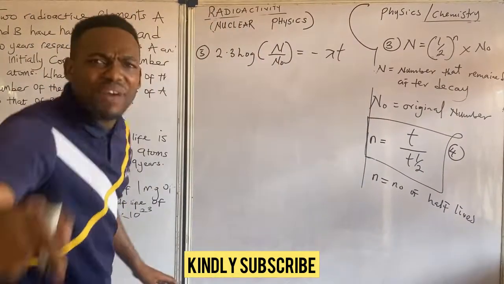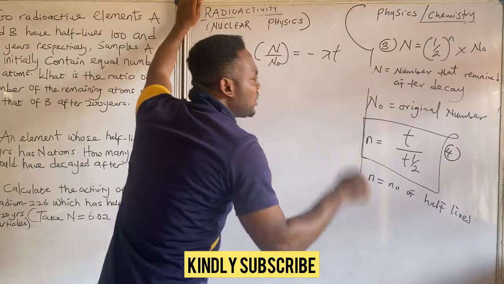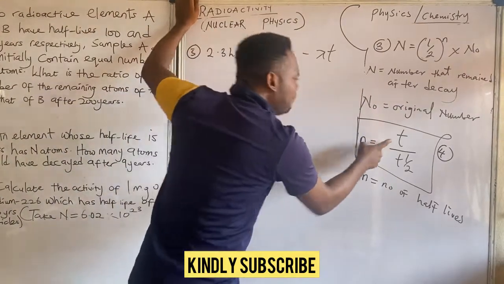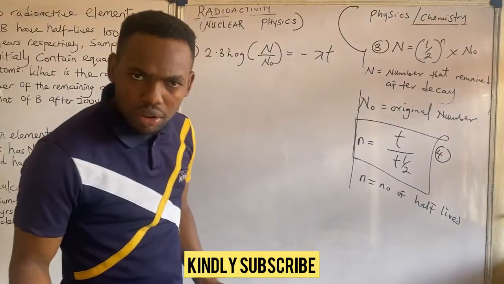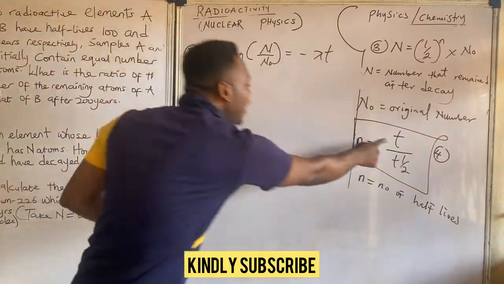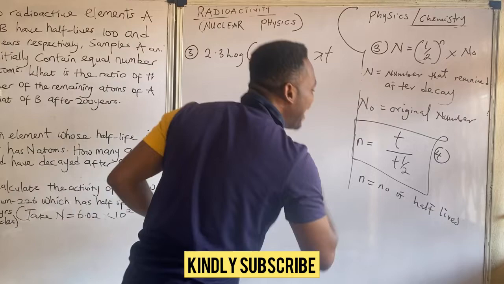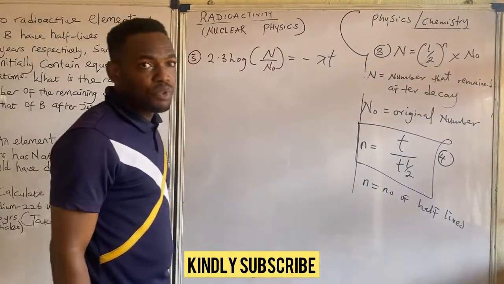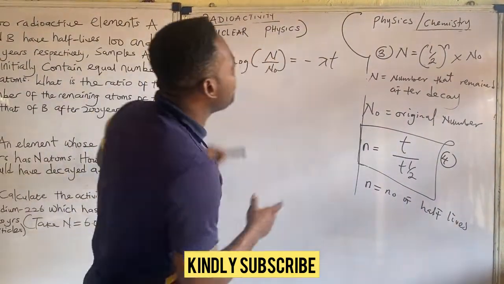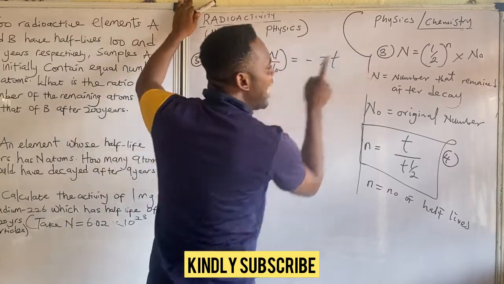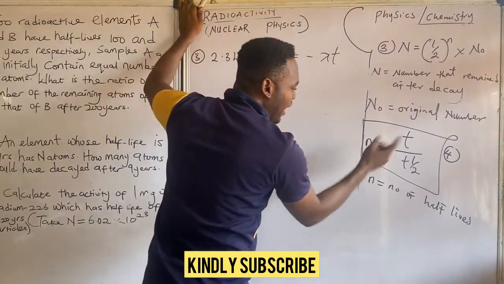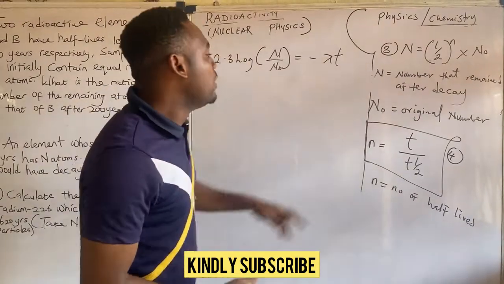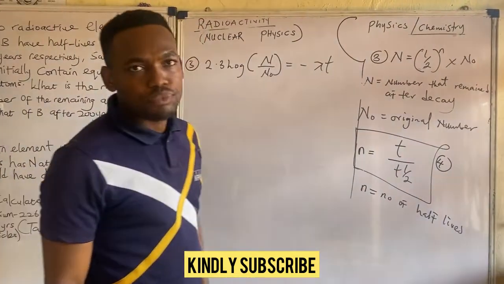It then means in effect that when I'm given a question and I'm asked to find this time, I will call this time any other time in the question apart from half-life. That is how I describe it. So when this t is not known, I can go this way by calculating my n, then coming back to substitute the value of n here to get my small letter t.